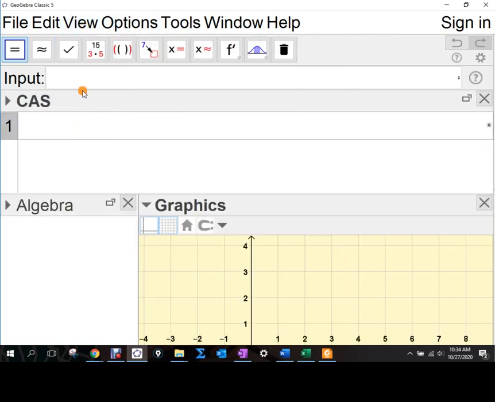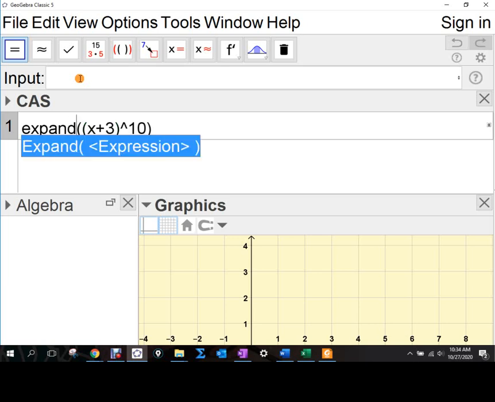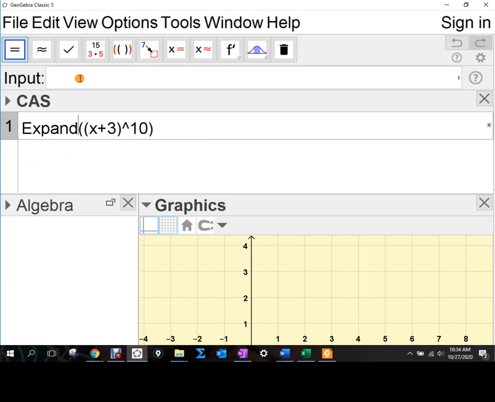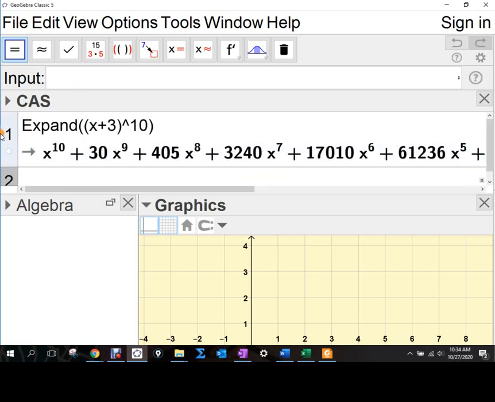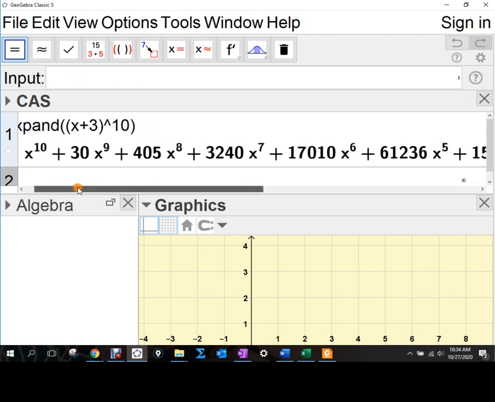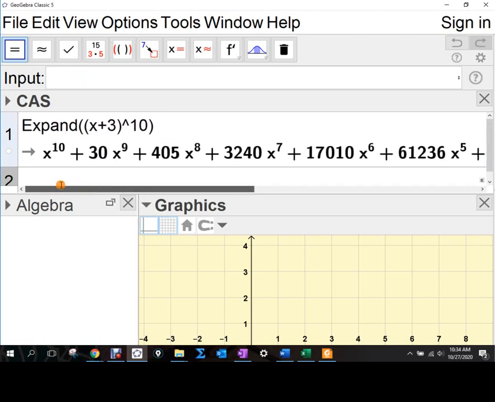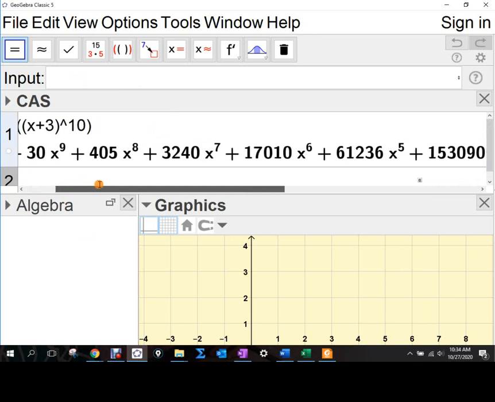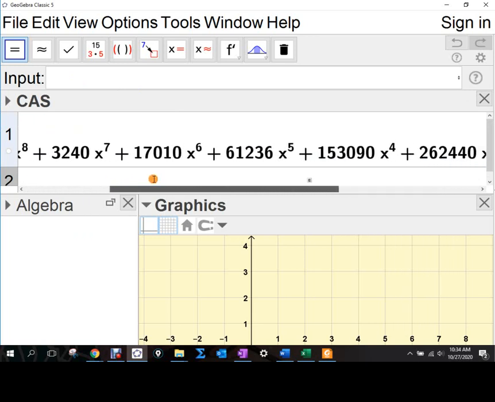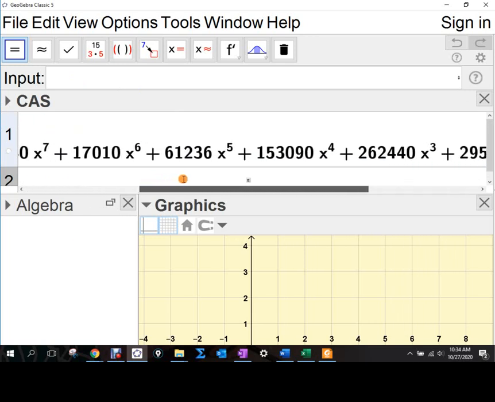We can expand that. If I type in expand x plus 3 to the 10th, okay, so Pascal's triangle, the 10th row, actually the 11th row, has coefficients of 1, 30, 405, 3240, 17,010, 61,236.